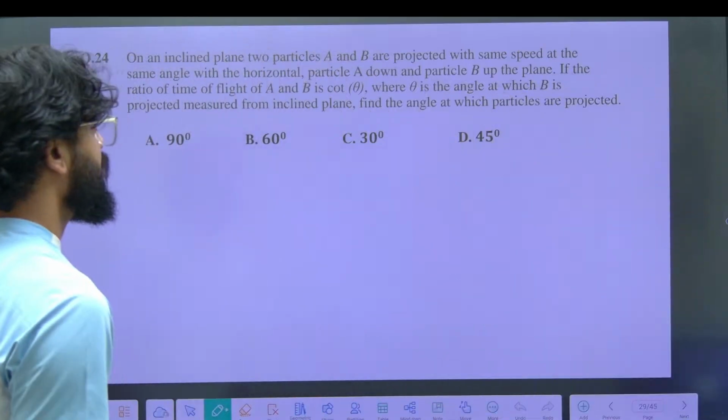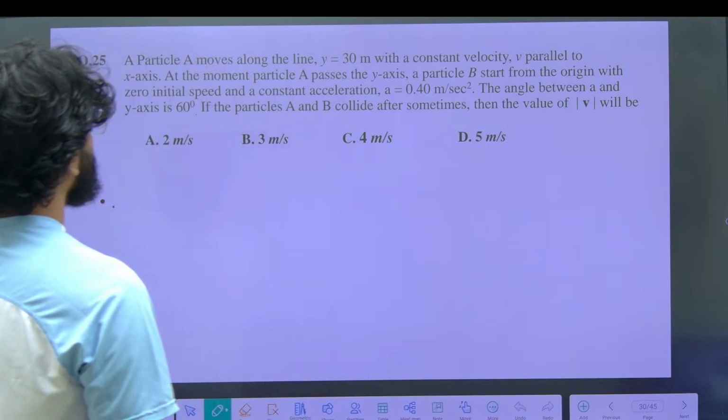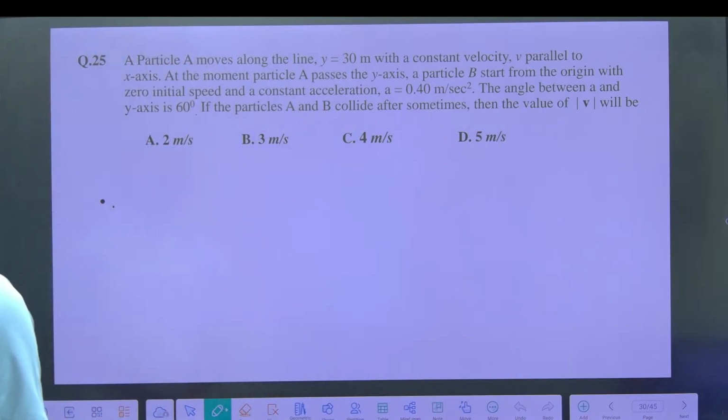Next question is on an inclined plane. Let's do it later. A particle moves along the line y equals 30 with a constant velocity v parallel to the x-axis.